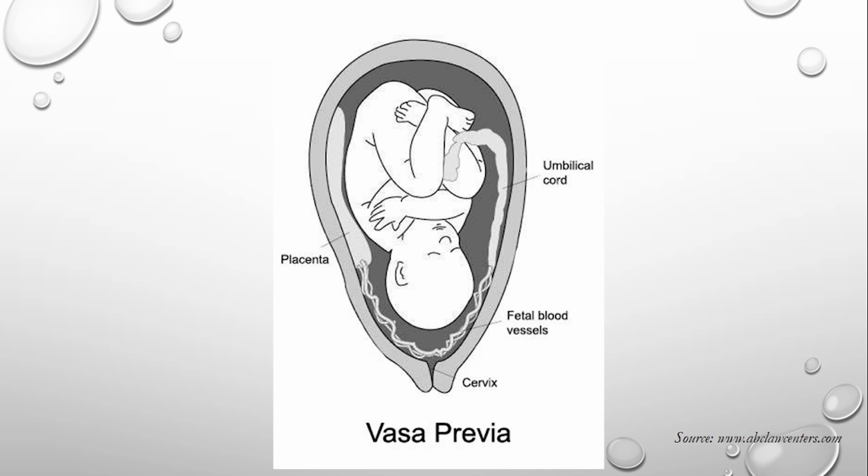So along this velamentous insertion, there could be a rupture of the vessels, and it can bleed and come out through the cervix and through the vagina.